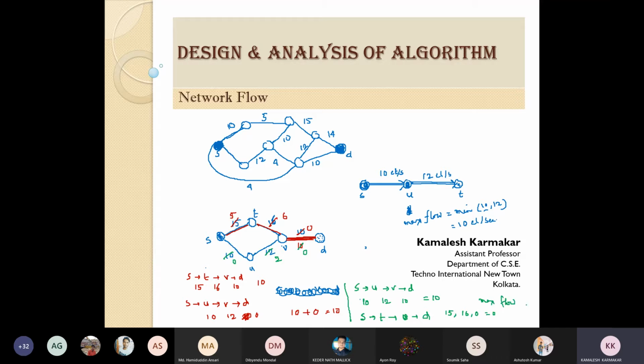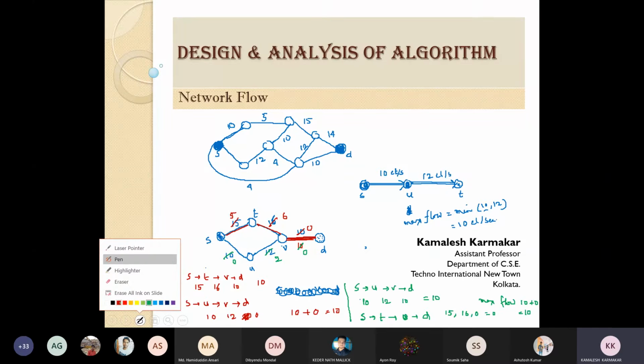Max flow remains 10, same, 10 plus 0, so it remains the same. So max flow will not change. Whatever path you take earlier, consideration of paths in a different order doesn't affect the result. Even if I want to calculate maximum flow, but I take the paths in a different way.